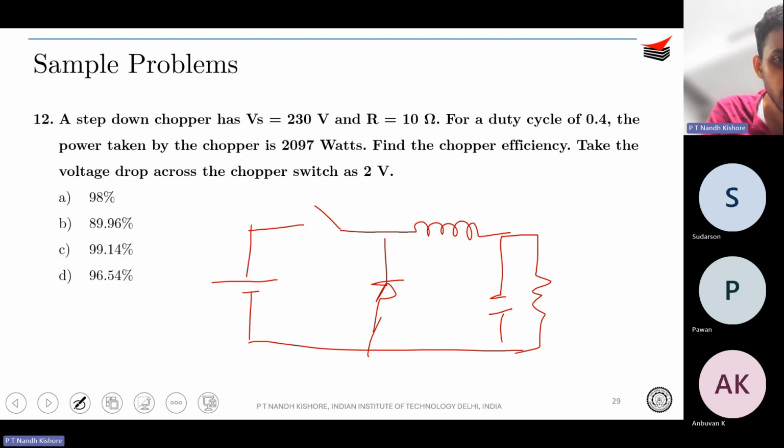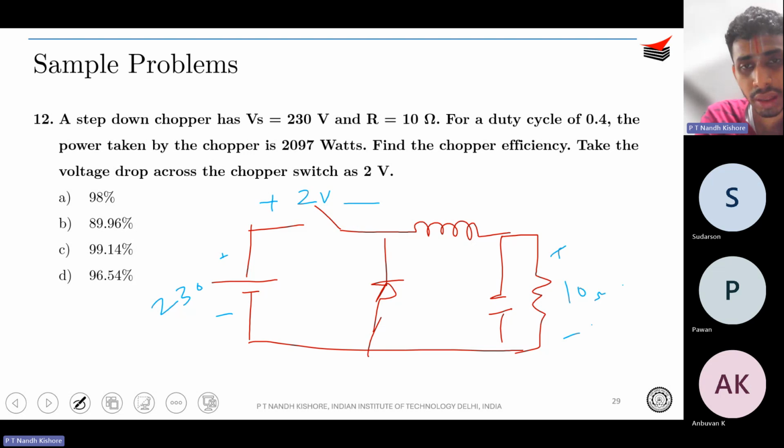What have they given? They have given that the voltage drop across the chopper switch is 2 volts, Vs is 230 volts, R is equal to 10 ohms. For a duty cycle of 0.4, the power taken by the chopper is 2097 watts. Find the chopper efficiency.